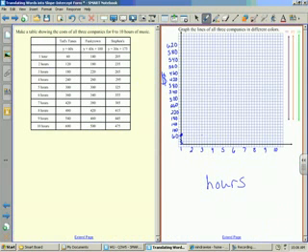Ted's going to cost $180. And then at 6 hours, Ted's going to cost $360. Do I have $360 on here? It's in between $340 and, let's see if that's $340. Okay. And then at 9 hours, I've got a $540 up here.